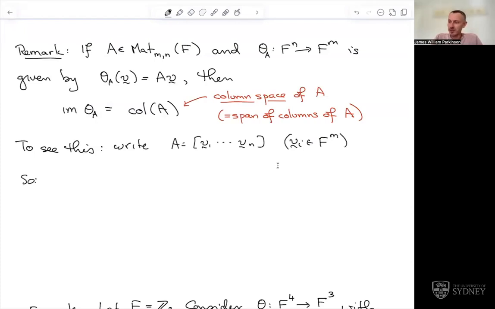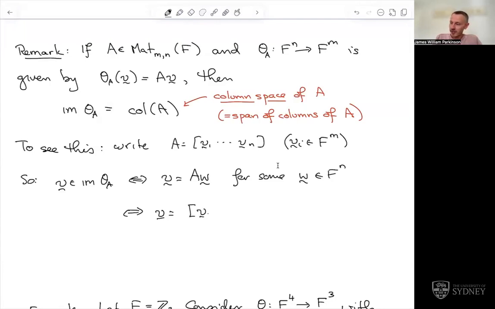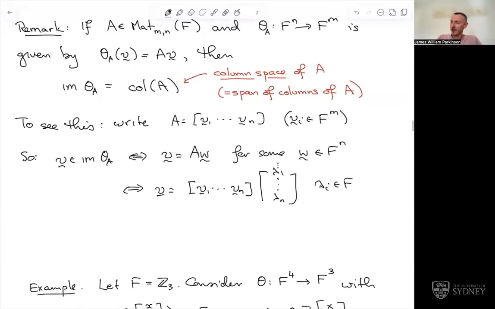So I'm trying to show that the image is the same as the column space of A. So V is in the image of theta A if and only if V is of the form A times W for some W in F^n, and that's if and only if V equals, well, let's write out what A is again. It's V1 up to Vn, right? And W is lambda 1 up to lambda n, with lambda i's in F now.